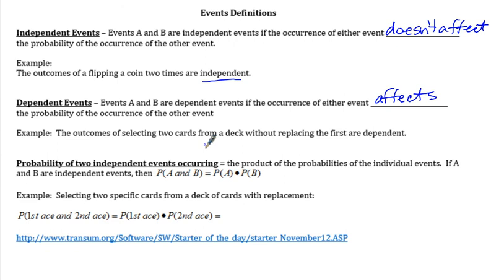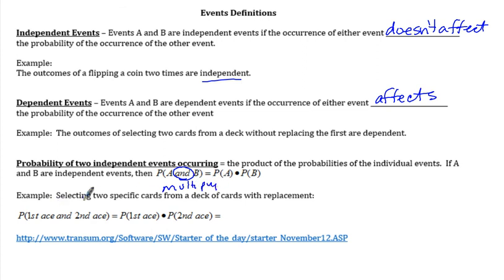The probability of 2 independent events occurring is the probability of the first one times the probability of the second one. And we talked a little bit about this last class. The word and. The probability of A and B happening is the probability of A times the probability of B. So and means times. And means multiply. Okay?